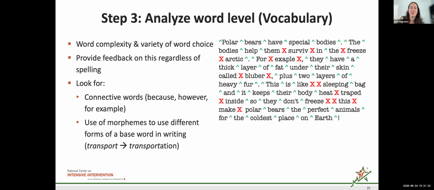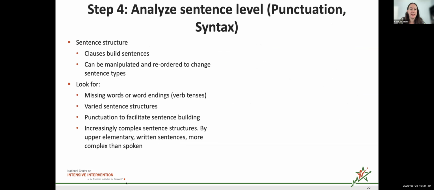So if a student learns the word transport as a verb, and then they learn that you can add on this ending for transportation to use it as a noun, they now have two different words that they can use in their writing using that morpheme piece. Again, this will connect to that instruction piece, but I wanted to highlight to look for that.